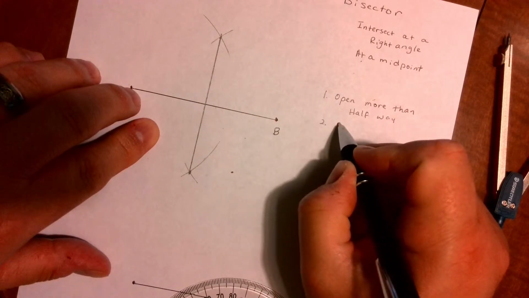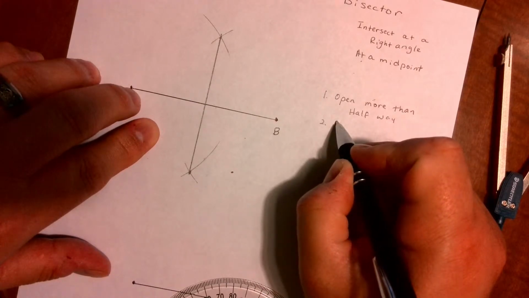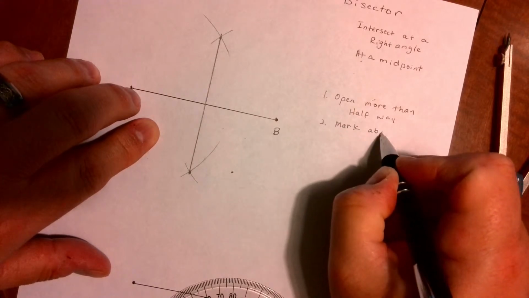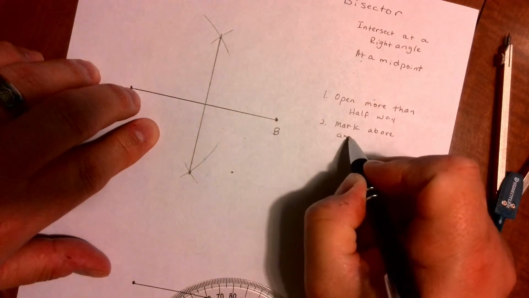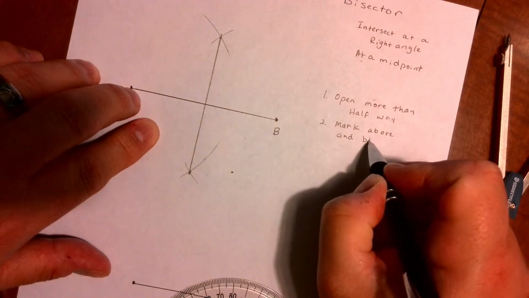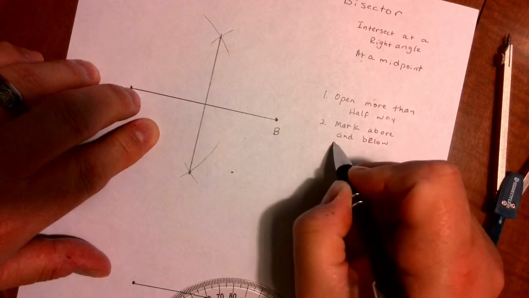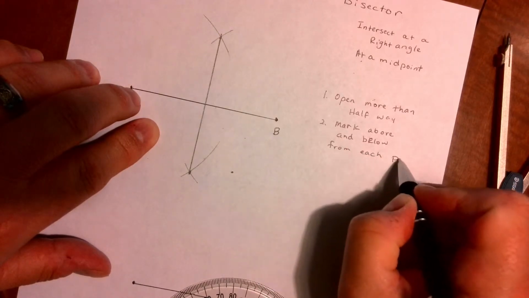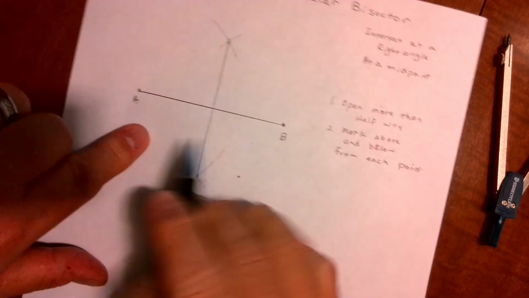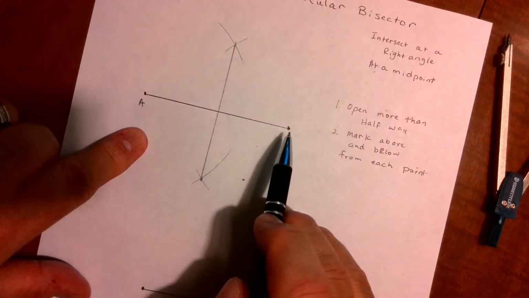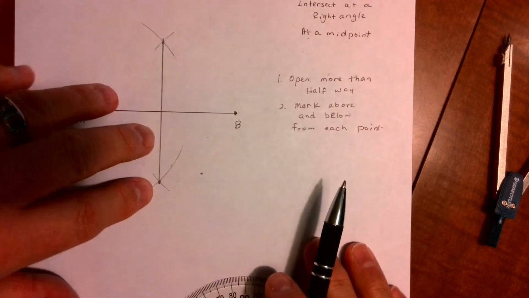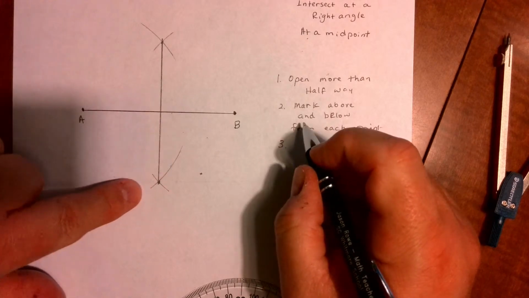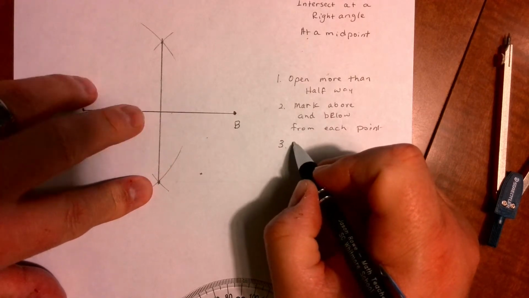You want to mark above and below from each point. So remember, I did it from this point first, and then I went ahead and did the same thing from the second point. And then finally, we want to connect the points of intersection. So we want to connect these intersection points.